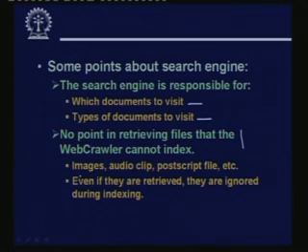Which it cannot index, some examples I have already given: images, audio clip, video clip, PostScript file, because even if you retrieve them by mistake, during indexing they are simply ignored, because you will not be looking at their contents in any case. Okay.